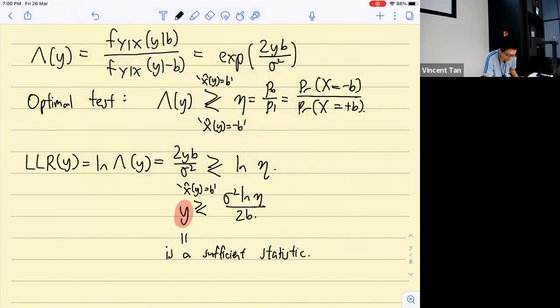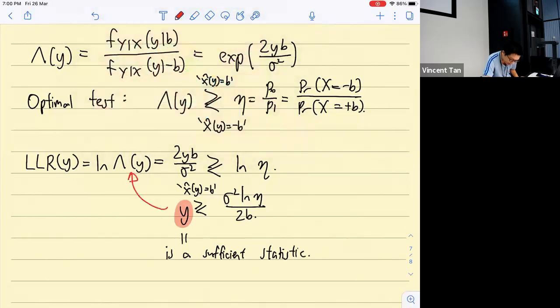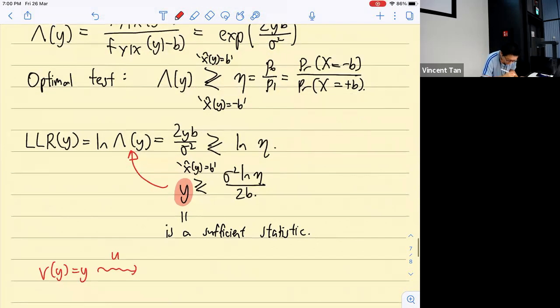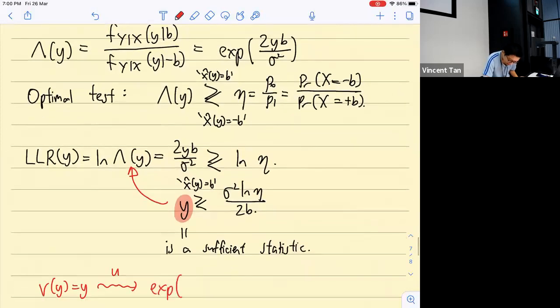Because you can go from y back to lambda of y pretty easily. There is a function that brings you from v of y, which is y. So we can take v of y to be y, and we can use a certain function u to go back to lambda of y, because lambda of y is nothing but e to the 2yb over sigma squared. There is such a function that brings us from here to there. So no problem. This is a sufficient statistic, and it's quite simple.